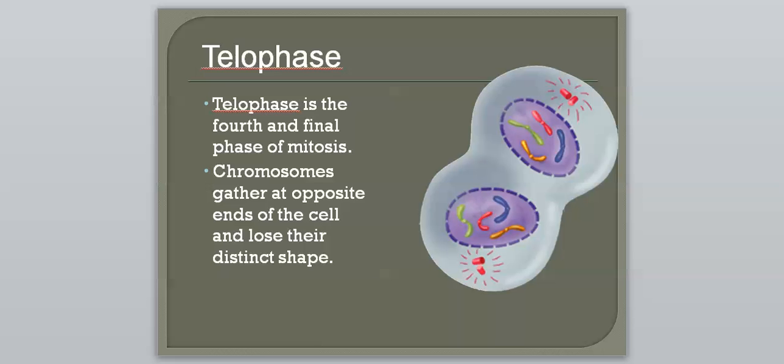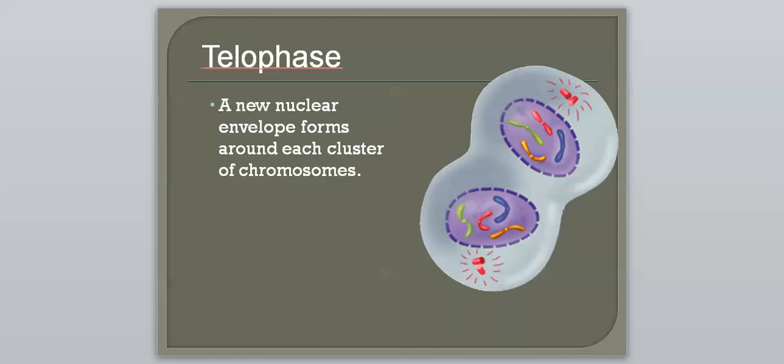However, we have one more final stage, not considered part of mitosis, that will separate the cell completely. And then the new nuclear envelope forms around each cluster of chromosomes. Remember, this purple area is the area inside of our nuclear envelope.